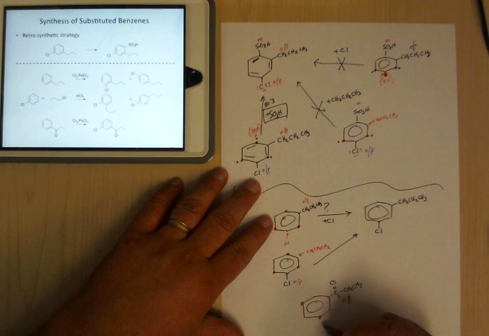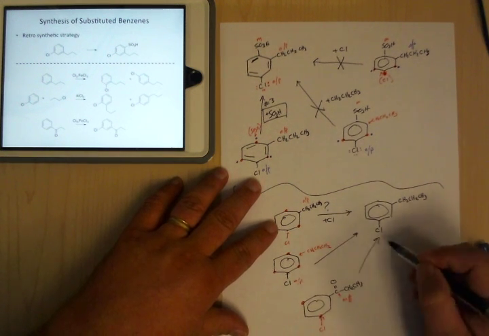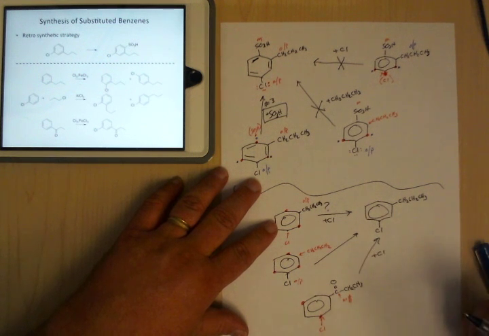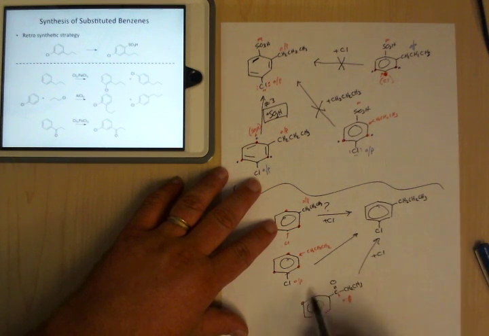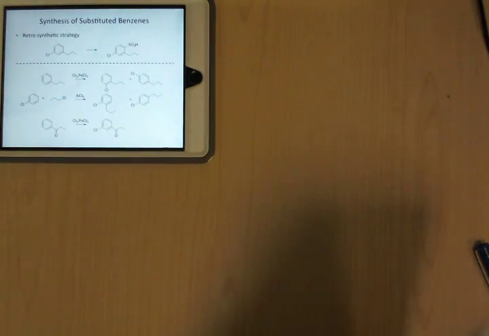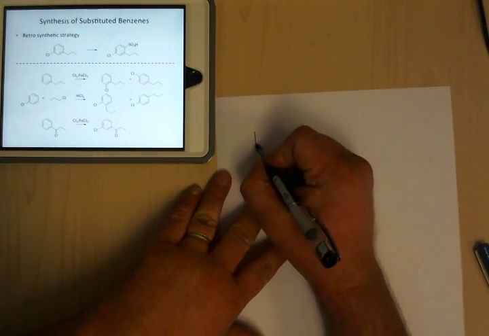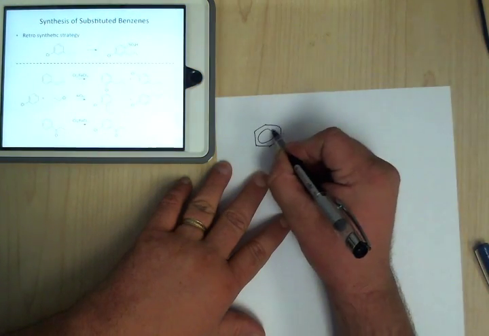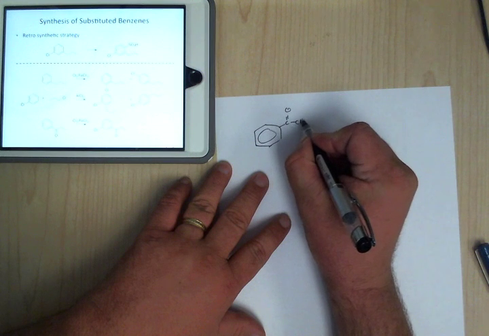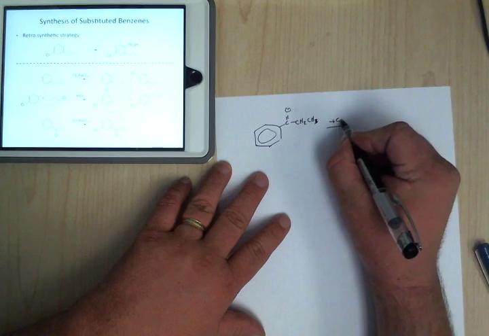That's perfect, because we won't put the chlorine there. Now we can put on that chlorine if we have this compound here. So how are we going to do this? What we really need is this, CH3, to be able to put on the chlorine.